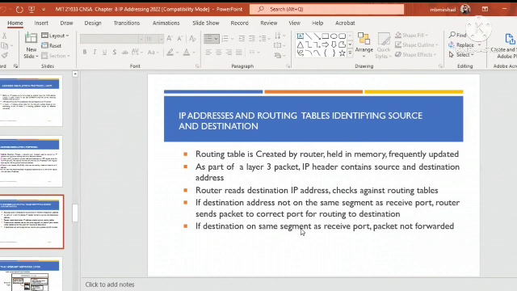If the destination address is not on the same network as the received port, the router sends the packet to the correct port for routing to the destination. That is all happening in the background. You must know that this is what is happening, although you cannot see it with your own eyes.